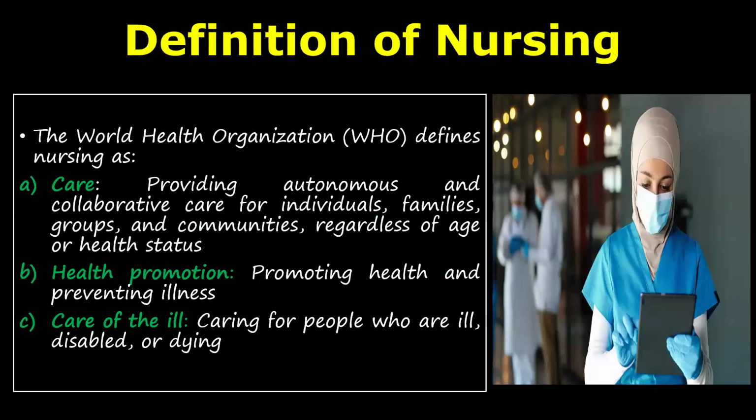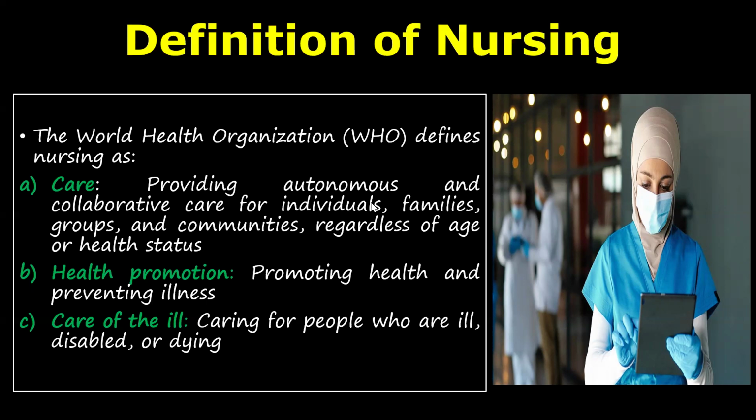Now, this word nursing in itself, what does this word mean? Somebody can ask, when you're talking about nursing, what does this word basically mean? So the World Health Organization defines nursing as constituting three things. If you're asked to define nursing, then you have to mention these three elements. The first one is care.